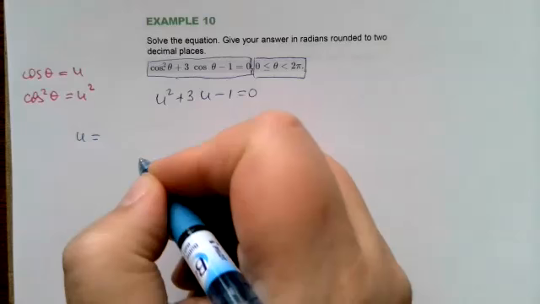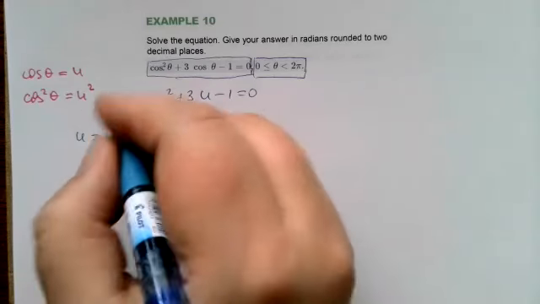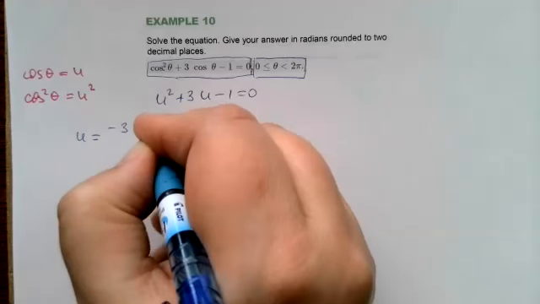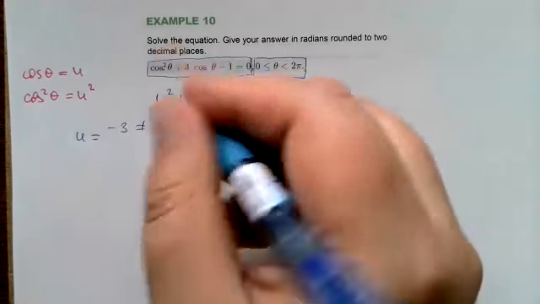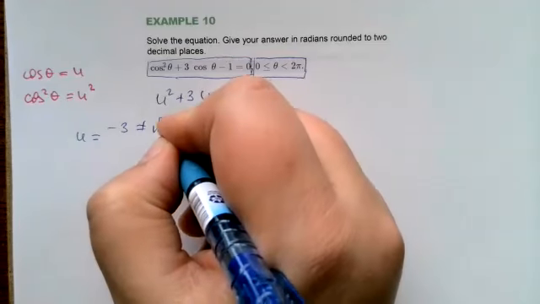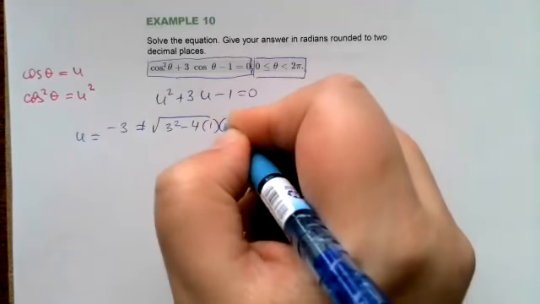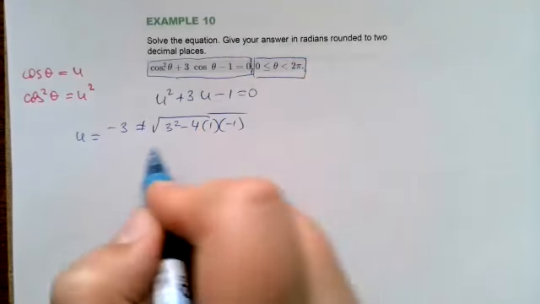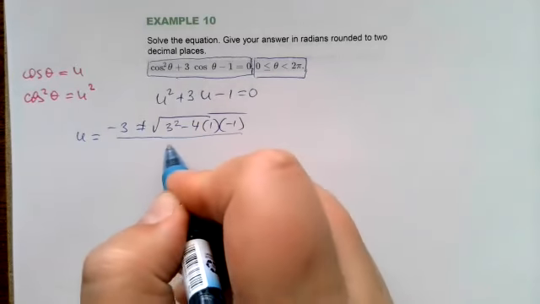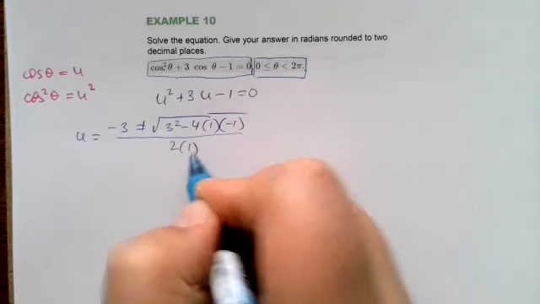So u is the opposite of b, so -3 plus or minus square root of b squared minus 4 times a times c, all over 2a.